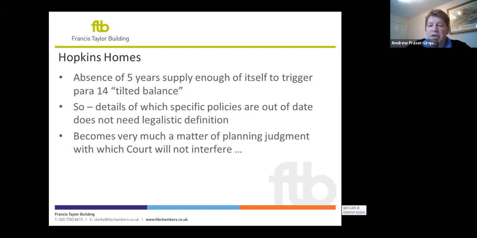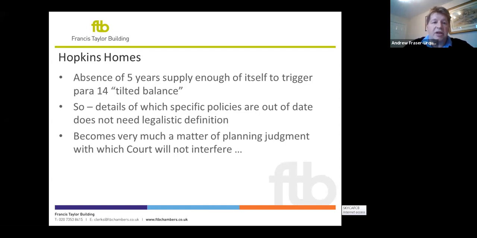And of course, with the Wavendon approach of seeking to identify a basket of the most important policies, that requires even less attention on trying to nail down a specific individual policy and say that one's out of date. The point is, is there a basket of policies which is out of date?